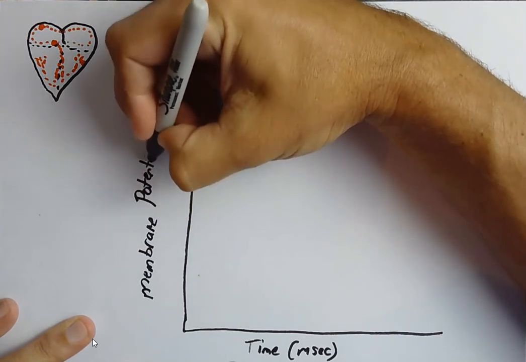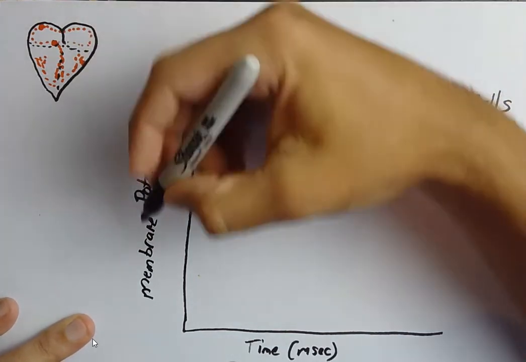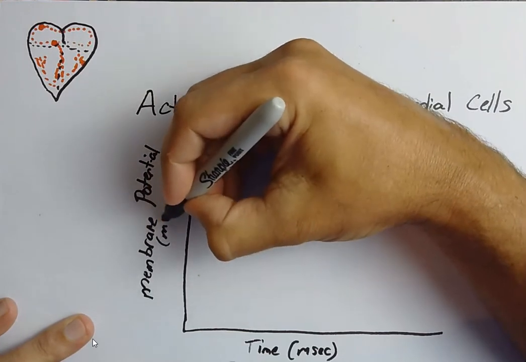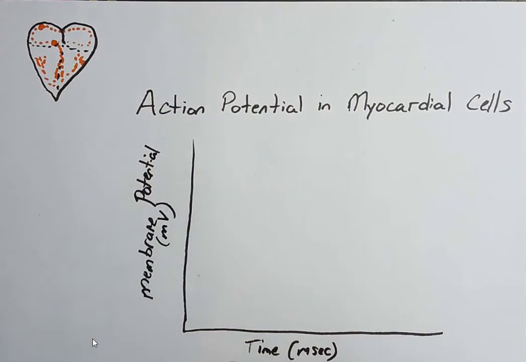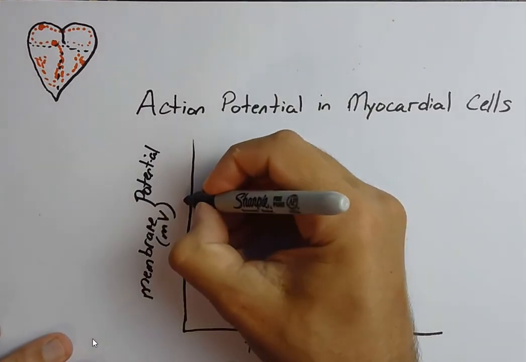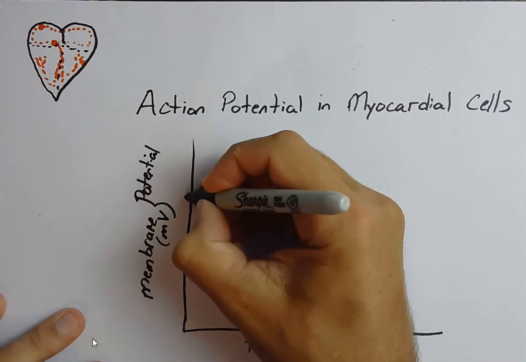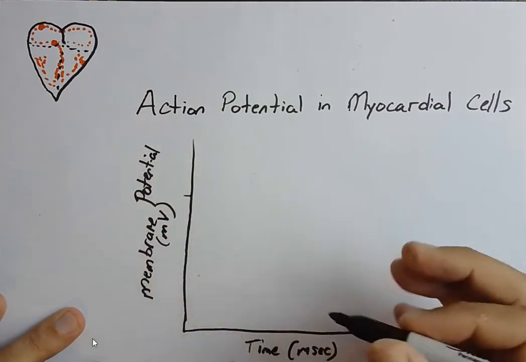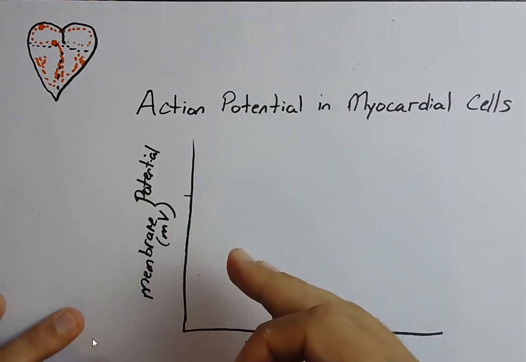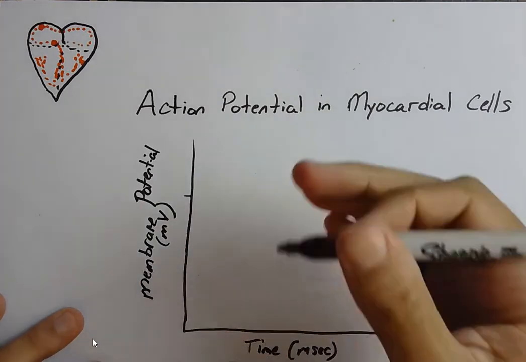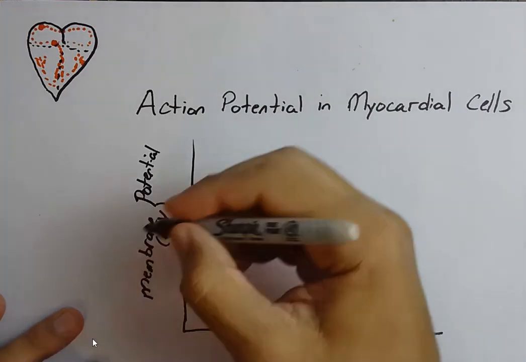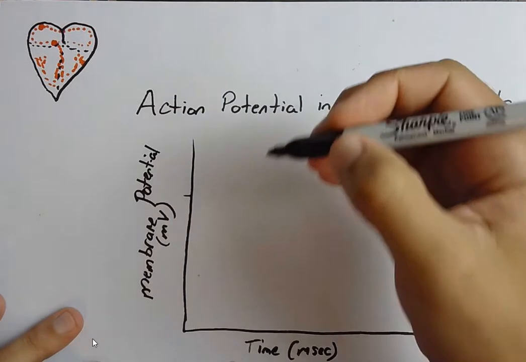And potential in science tells you voltage, and these are always measured in millivolts because things in the body are small. We've talked about these sorts of issues before. So what we're looking at with membrane potential is what's happening inside of the cell versus outside of the cell. What is the relative charge inside of the cell versus outside of the cell?